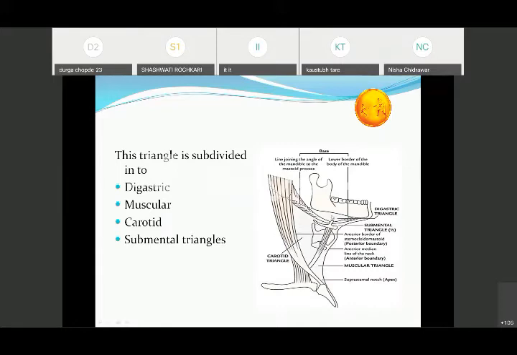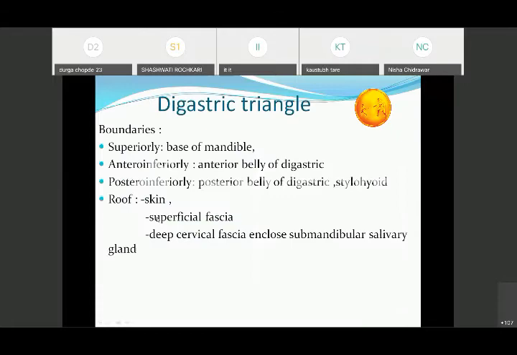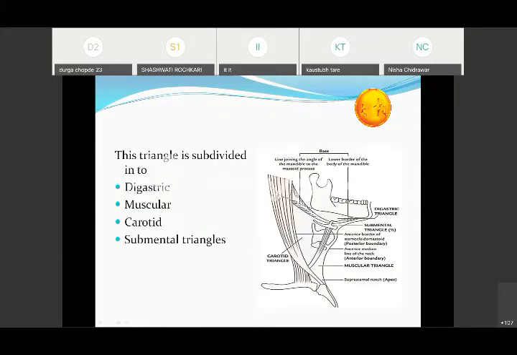Postero-inferiorly, there will be the posterior belly of digastric with the stylohyoid, the muscle which is attached to the styloid process to the hyoid bone. Okay. So this will be the digastric triangle.